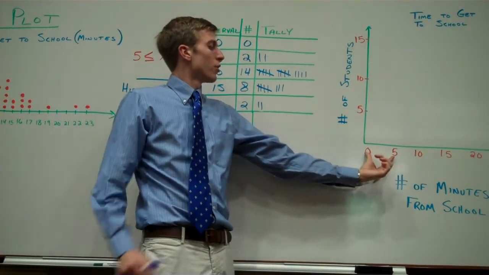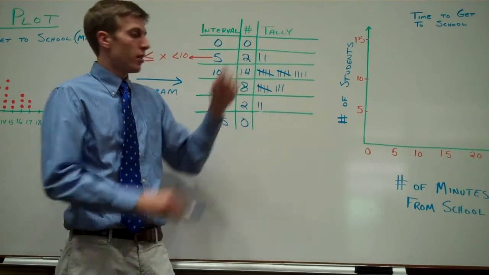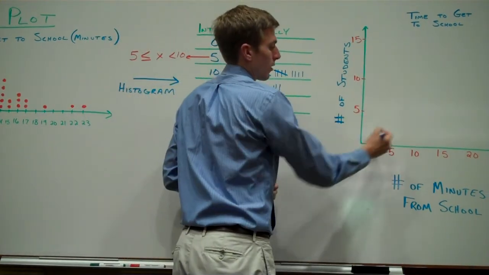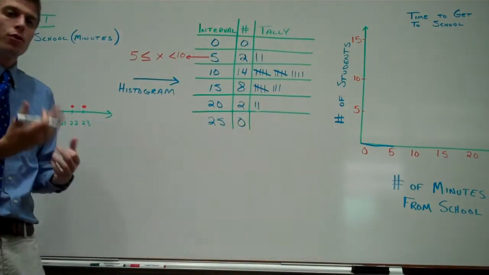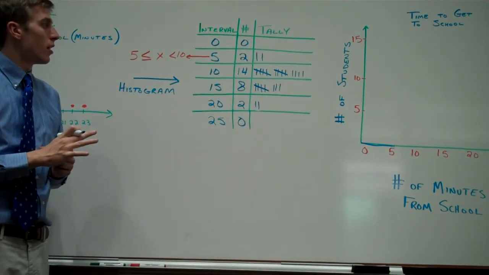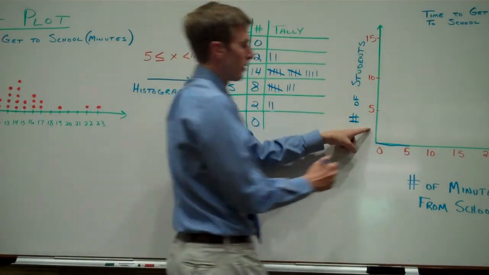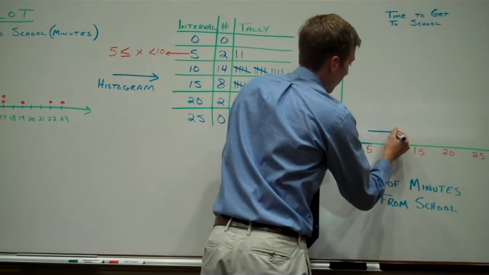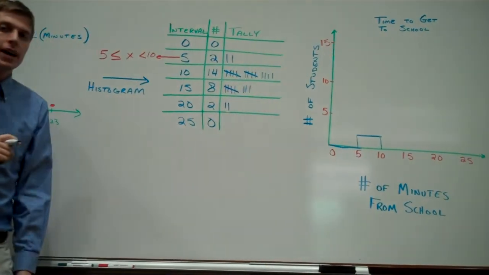So for my first interval, it went from 0 to 5. We had 0 students. So instead of drawing the rectangle, there actually are none. So for that case, your line is just going to remain on the bottom, or you can completely ignore it. The next interval, from 5 to 10, we had 2 students. 2 is about here. We draw our line from 5 to 10, and you want to connect it as a rectangle down to the x-axis.